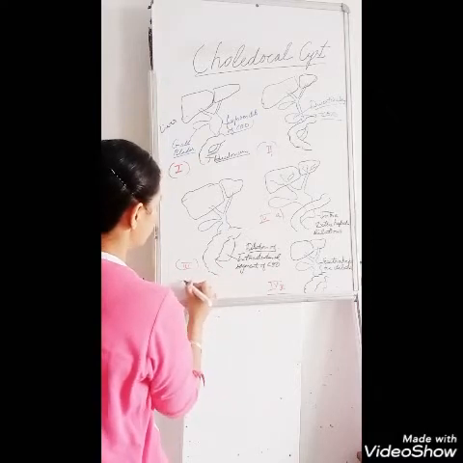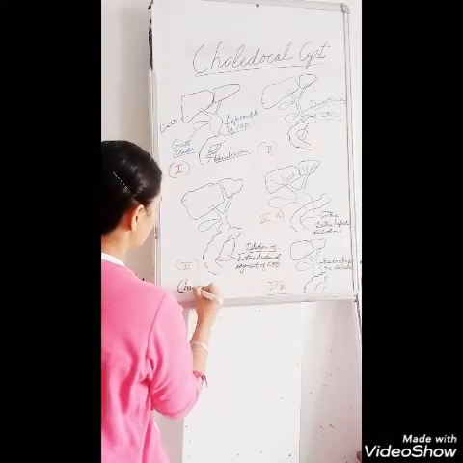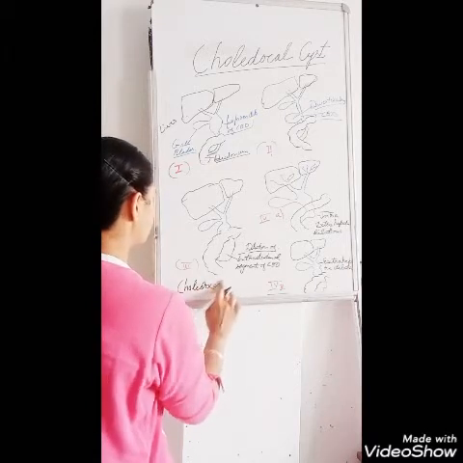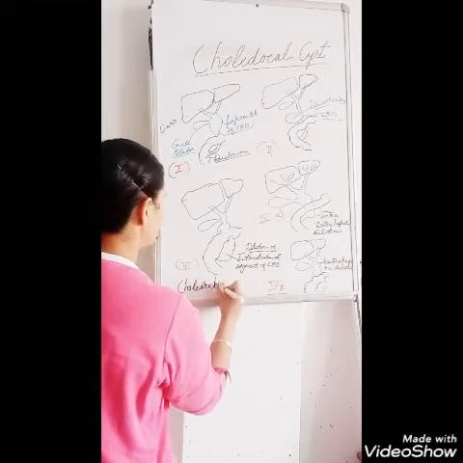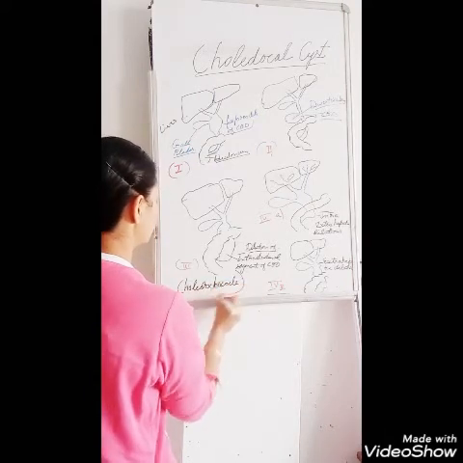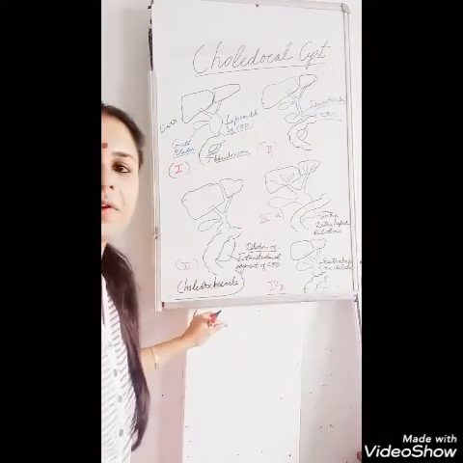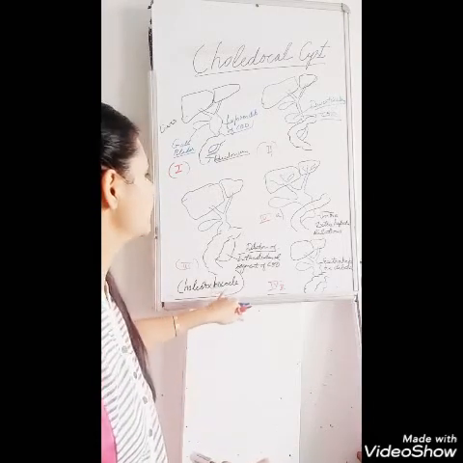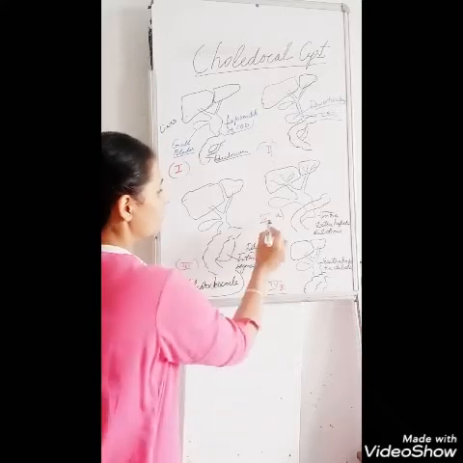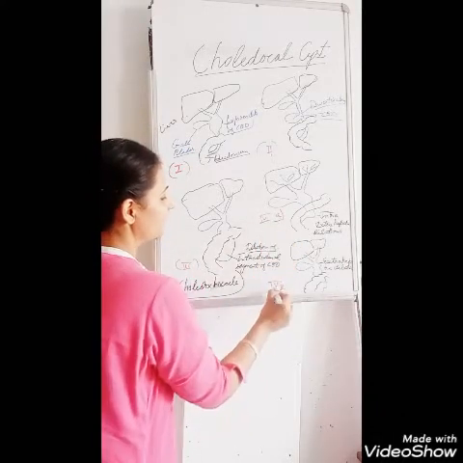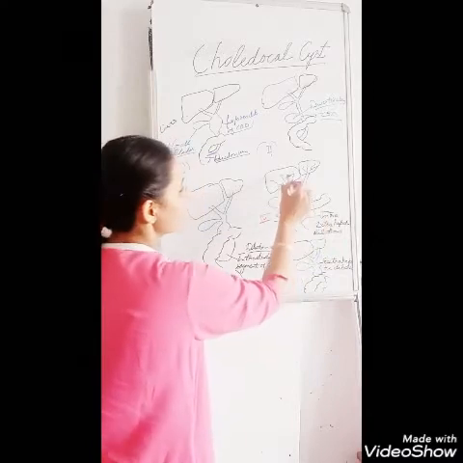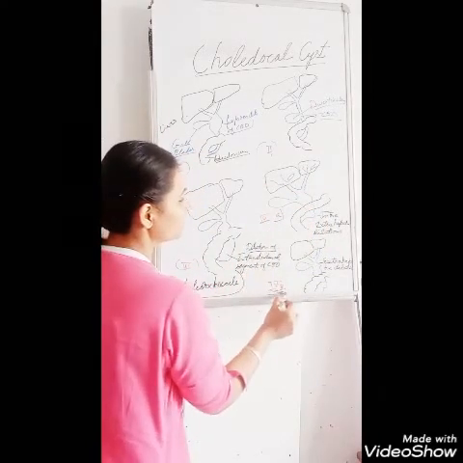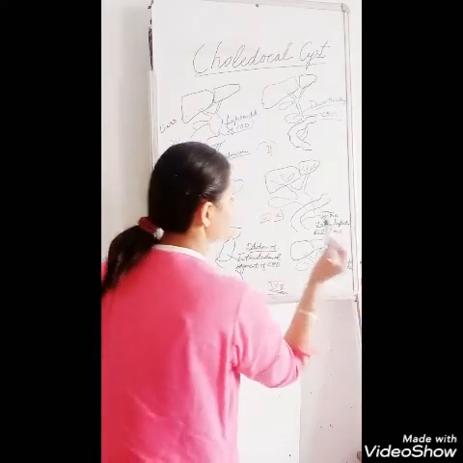This third one is also known as choledochocele. The fourth is categorized into A and B. In fourth A, there are intrahepatic and extrahepatic dilatations. In fourth B, there is only extrahepatic dilatation.